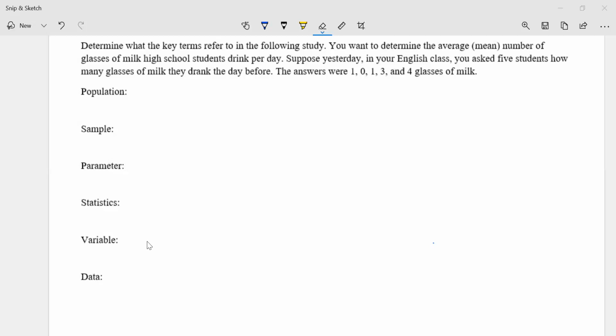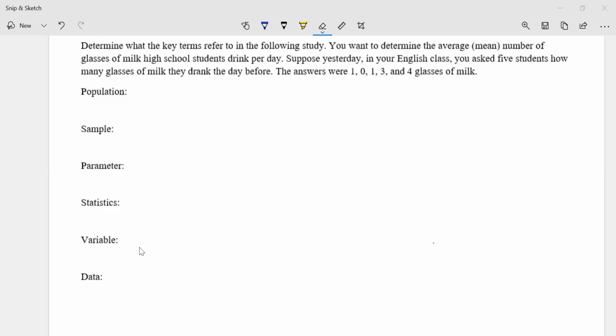So that's why I'm not writing anything. My variable could be the amount of glasses of milk drunk by high school students, because that's what I'm studying. Remember in algebra, we said x equals, and then x was the variable. So in this case, I will say let x equal the amount of glasses of milk drunk by a student in my English class.